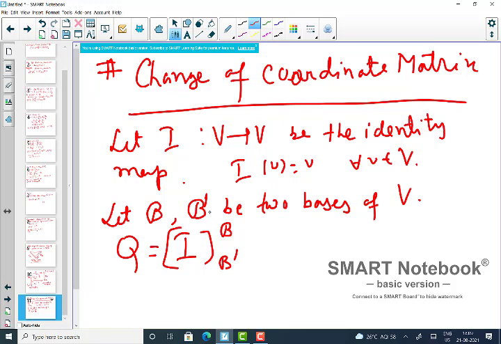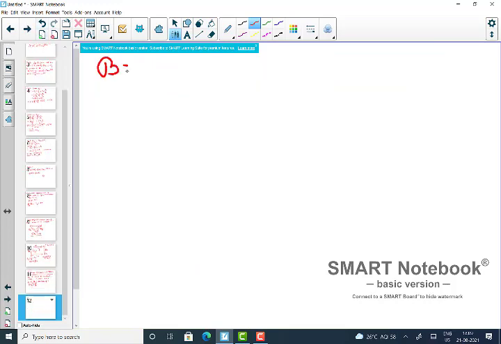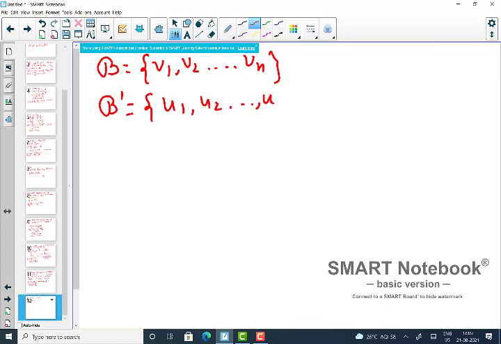So what does that Q do? That means you write down every basis element also. Maybe B is v1, v2, up to vn, and B dash is u1, u2, up to un. Okay. So what does Q do?